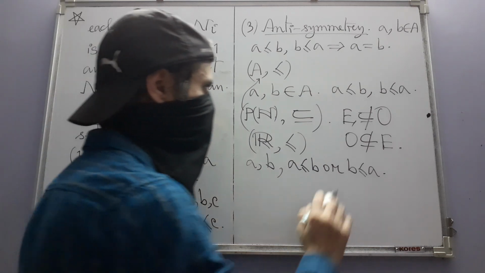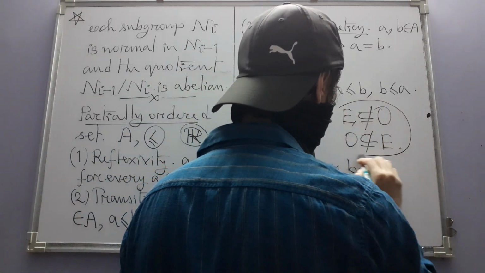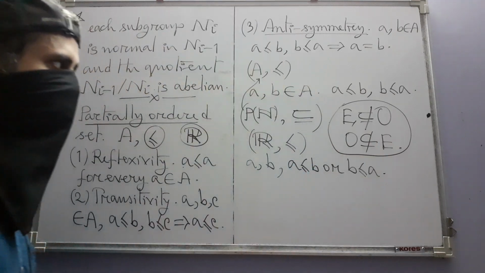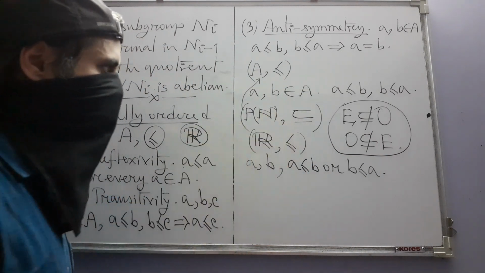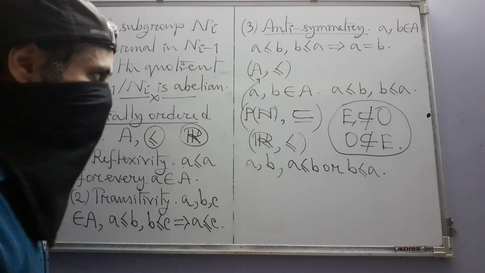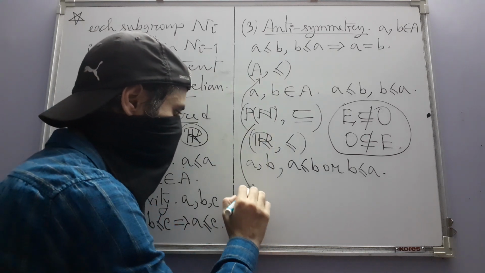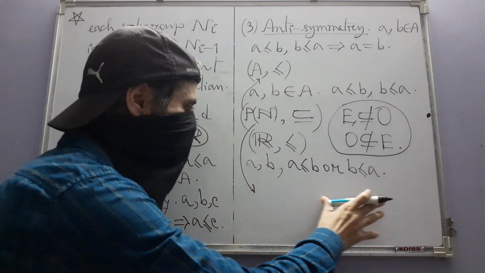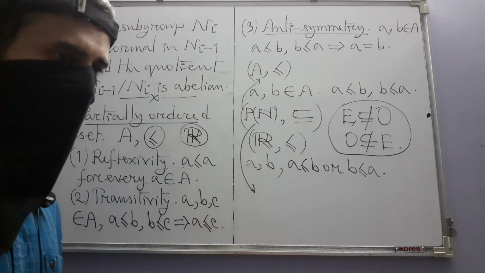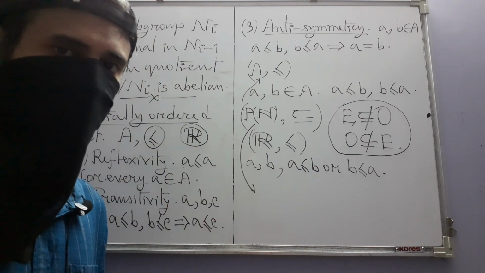Now, although we lack comparability or totality of the order in a partially ordered set, you may get a subset of this set in which any two elements are related to each other.